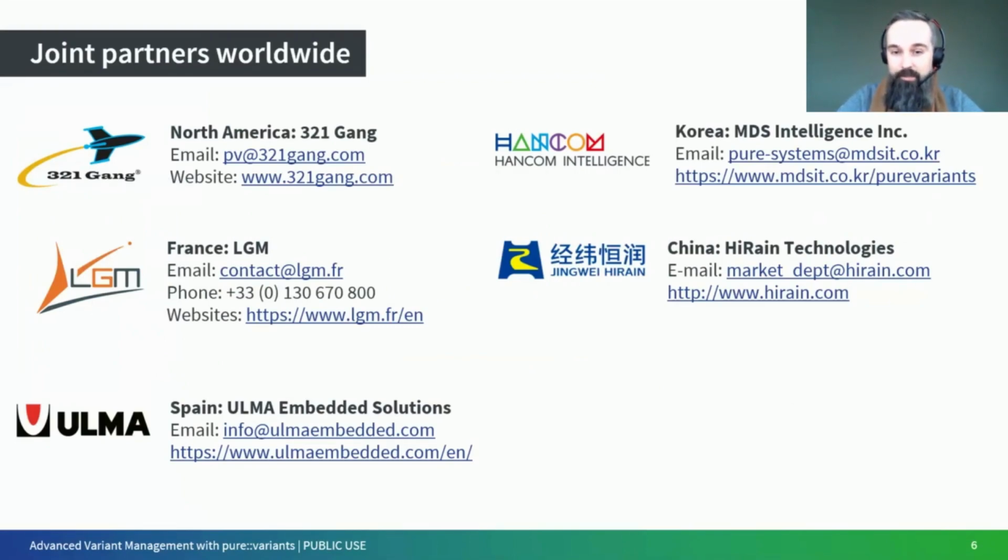Thanks to our valued consulting partners, we can provide worldwide training and consulting services for product line engineering with Pure Variants. In North America, for example, we have partnered with 321 Gang to ensure excellent support for our US and Canadian customers. In Europe and Asia, we also established strong partnerships to ensure excellent remote and on-site training and consulting in our customers' mother language.